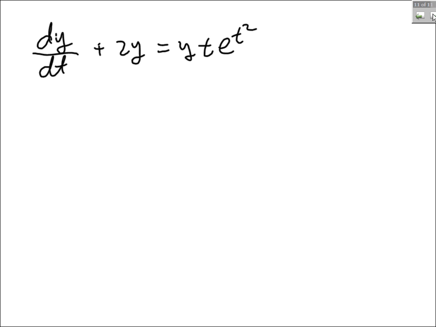Suppose you have dy/dt plus 2y is y times t e to the t squared. Now, the thing I see here is I have three terms.